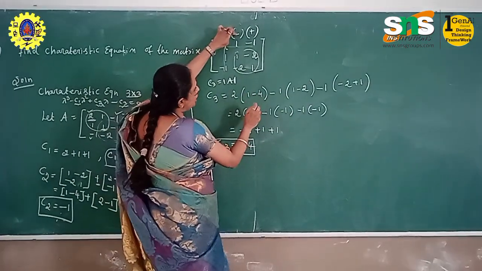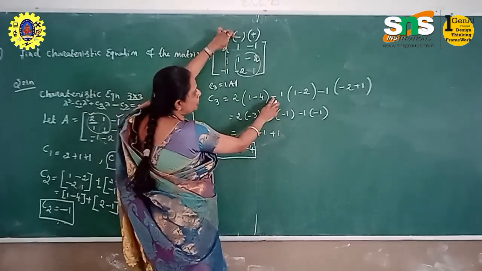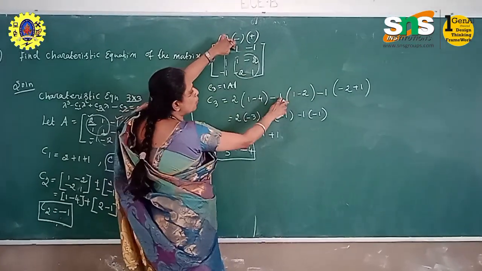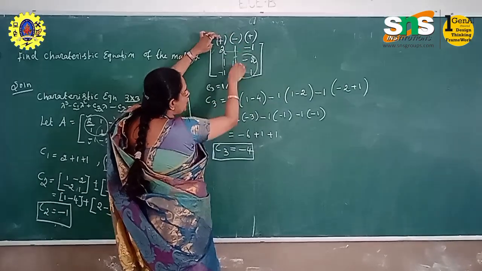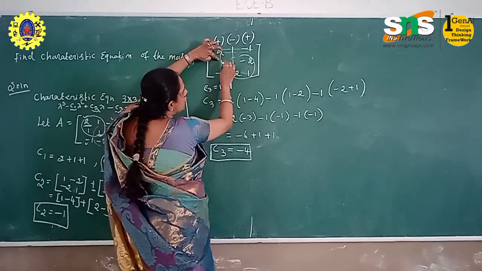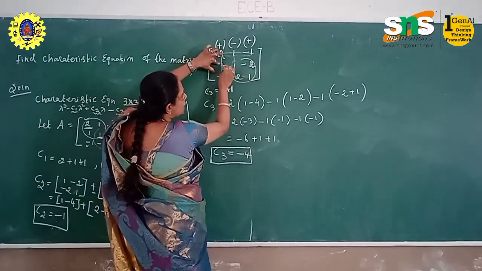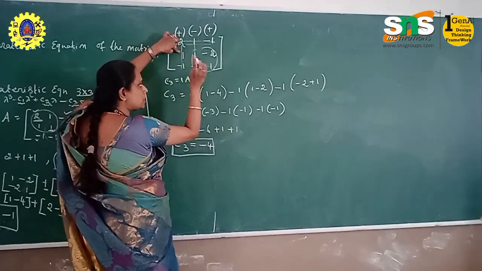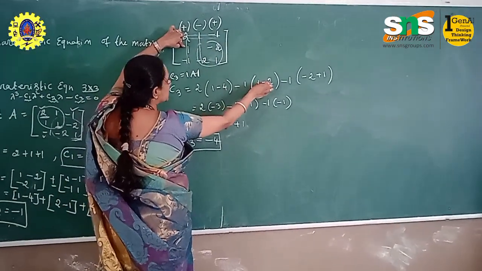Next we use the minus symbol with the second element, 1. We leave the second column and first row, so the elements are 1, minus 2, minus 1, 1. 1 into 1 is 1, minus 2 into minus 1 is plus 2. With the formula minus, so 1 into minus 1.